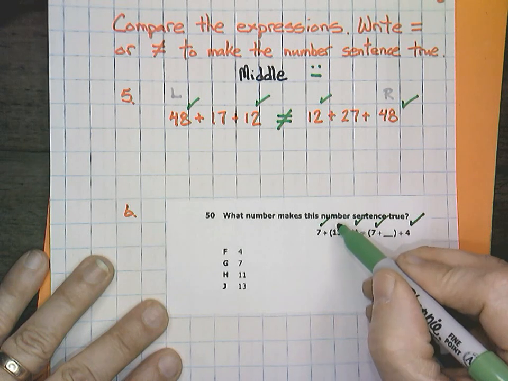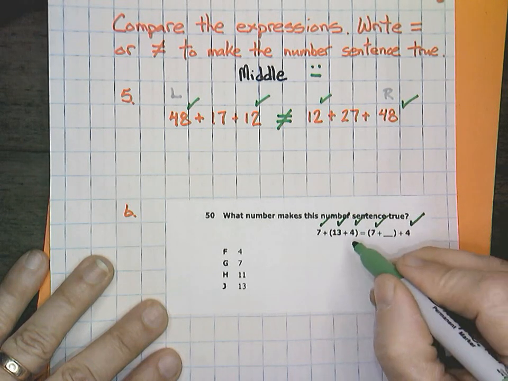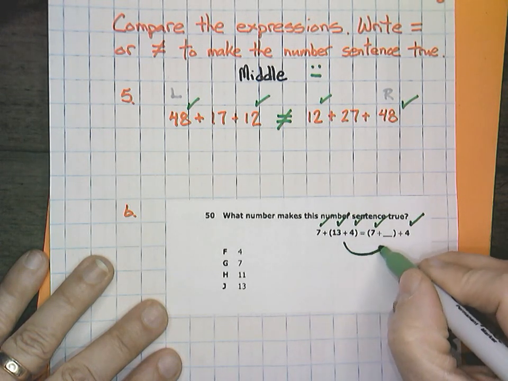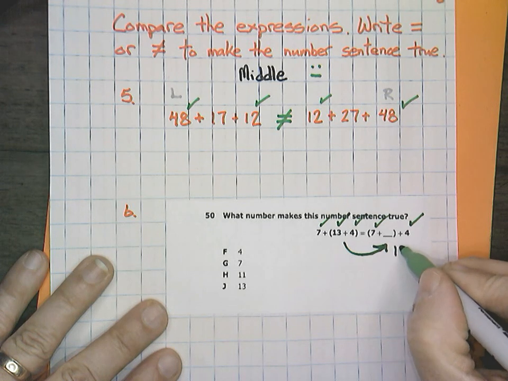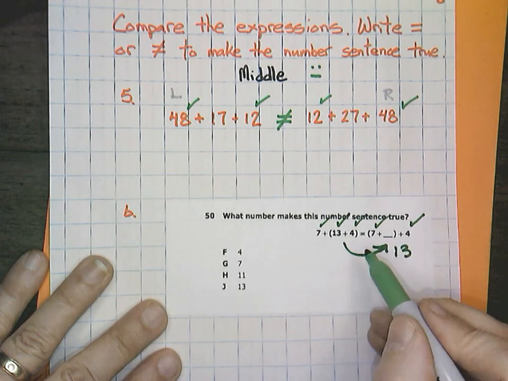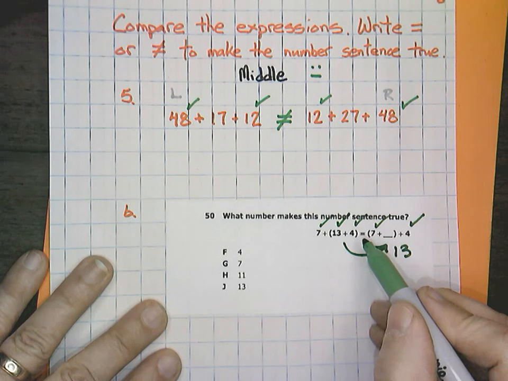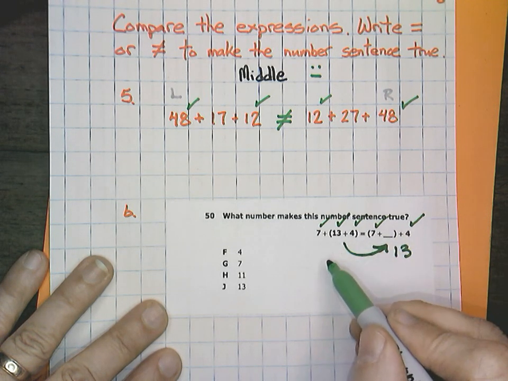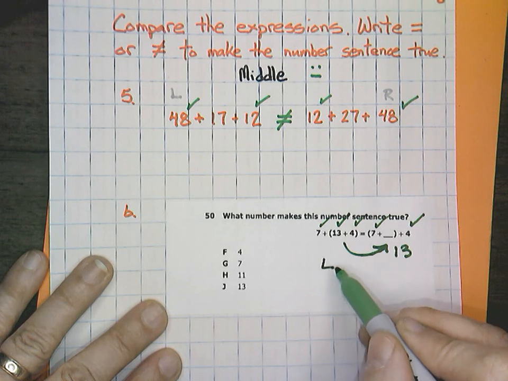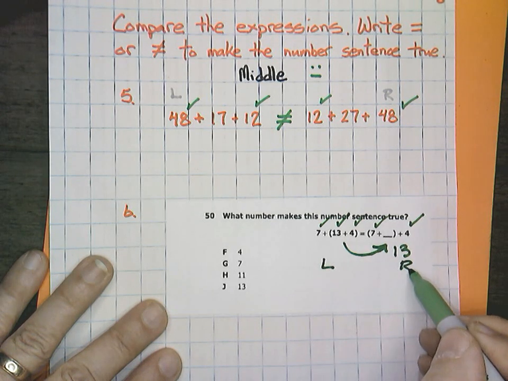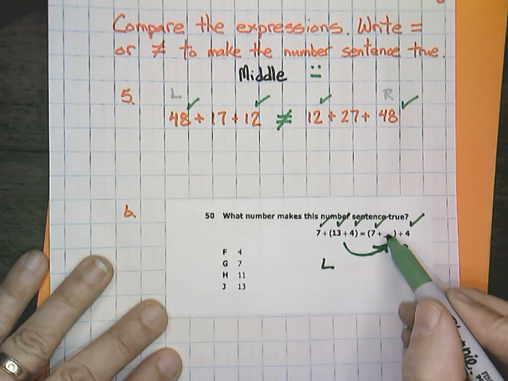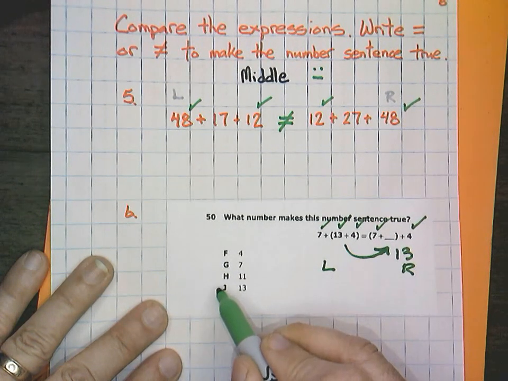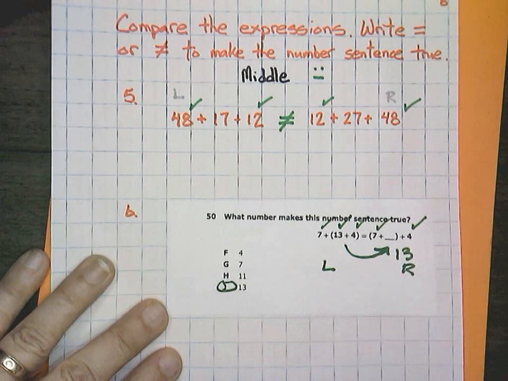Here I see 13 on the left, which means by rule, this would have to be 13. Remember, that's the equal symbol. So the rule of an equation, you must have the same value on the left as on the right. And to accomplish that, that blank would have to be 13, which means that we would pick answer J.